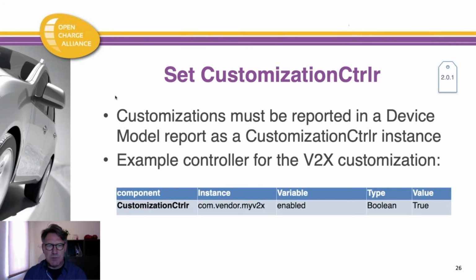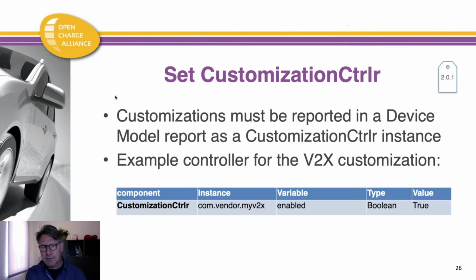The charging station would report the component customization controller, and then an instance with the instance name being the vendor ID. So in this case, it would be com.vendor.myv2x. And attached to that component instance is a variable enabled, and it has the value true. This tells the CSMS that this customization is present and it is currently enabled.